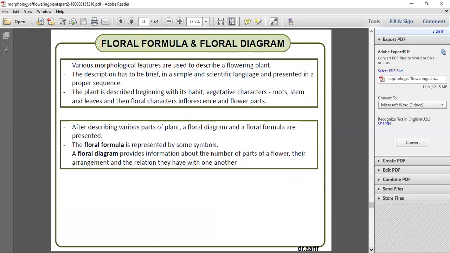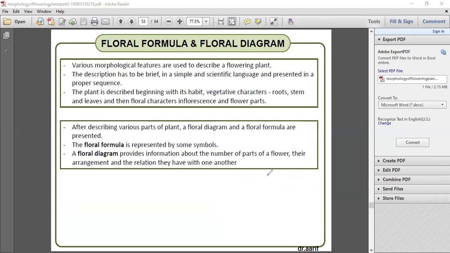So we will start our discussion today with floral formula and floral diagram. It's a very unique way of representing characteristics of a family.